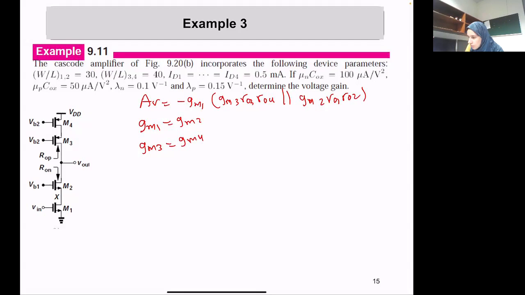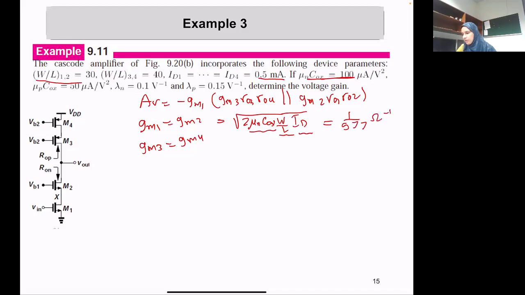The Gm is equal to the square root of 2 mu n COX W over L times ID. We know mu n and COX, we know W over L, we know ID. They are all given. Once you plug in all these values, you will get the value of Gm. It's calculated in the book; I didn't calculate it myself for the time. So this is 1 over 577 ohm inverse.